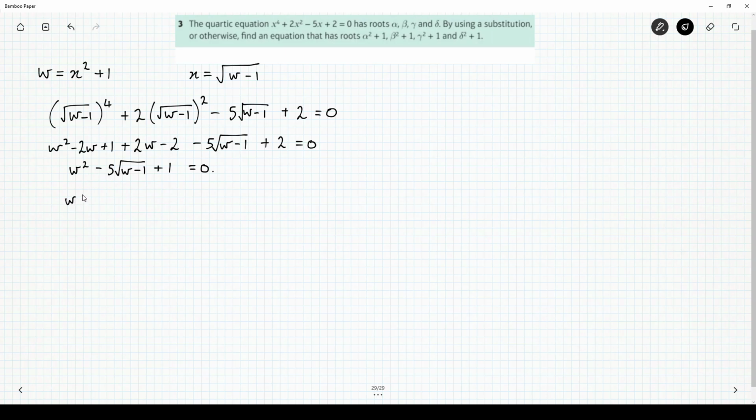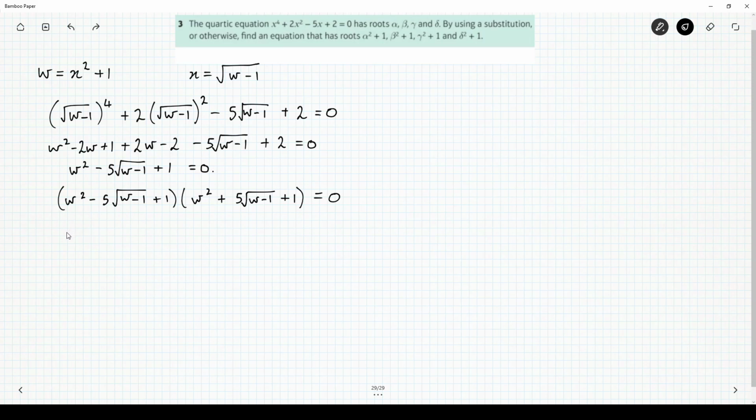So if we take our w squared minus 5 root w minus 1 plus 1 and we multiply it by w squared plus 5 root w minus 1 plus 1, then what you'll see is that all of the terms with the root w minus 1 will cancel out. Now we would have to multiply by this on the right hand side as well, but as that's 0, it's still going to be 0.